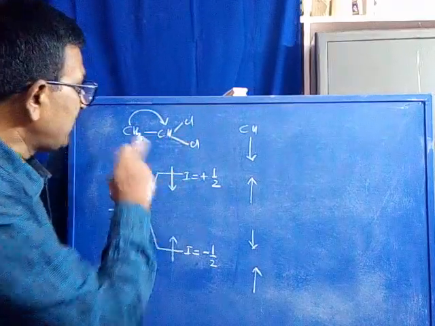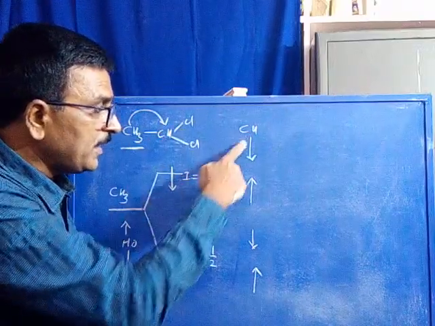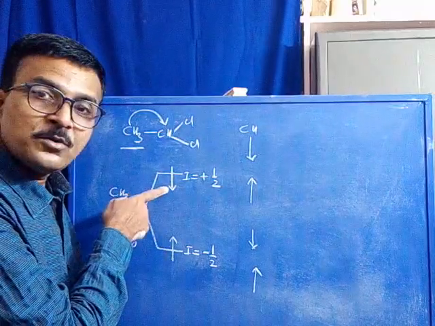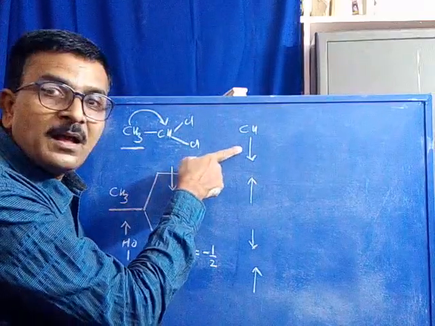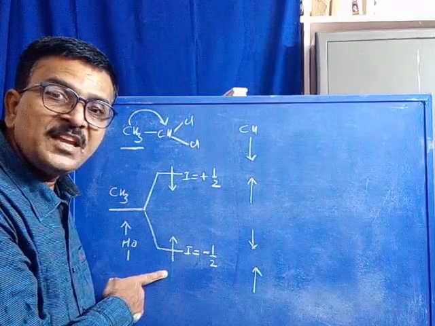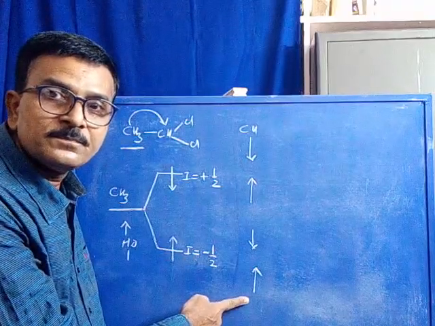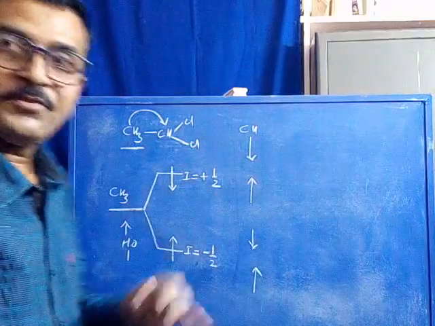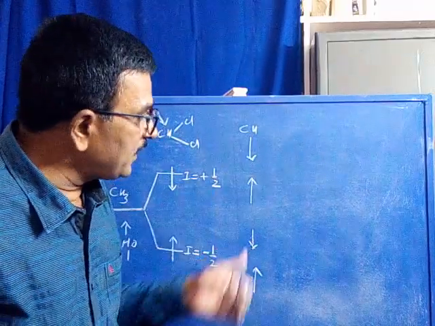According to the theory, when a set of protons is coupled with its adjacent protons, the adjacent proton may be oriented in different ways with respect to each orientation of the first. So with respect to this orientation of CH3, the CH proton may be oriented parallel or anti-parallel. With respect to this orientation of CH3, the CH proton again may be oriented as anti-parallel or parallel. Now this orientation and this orientation are the same.